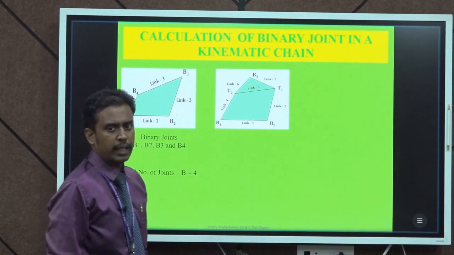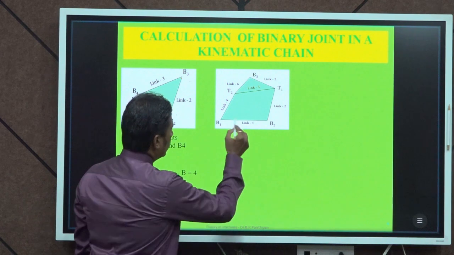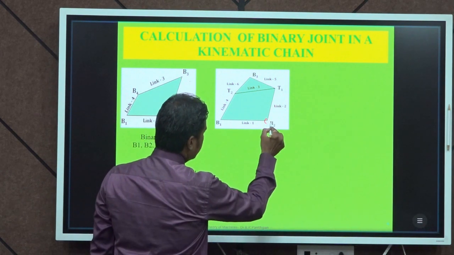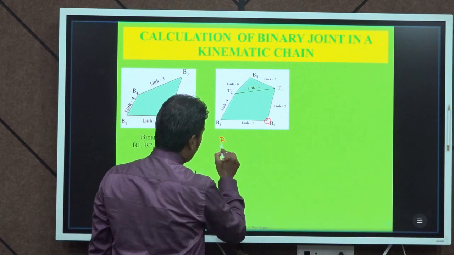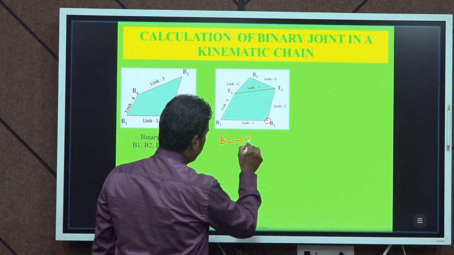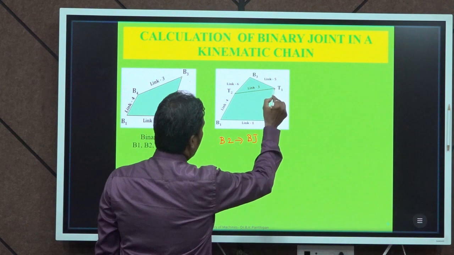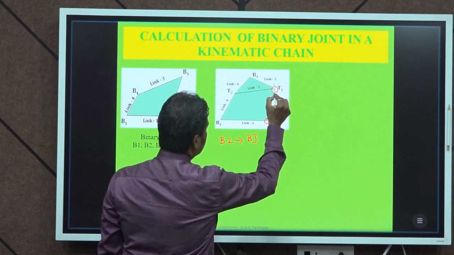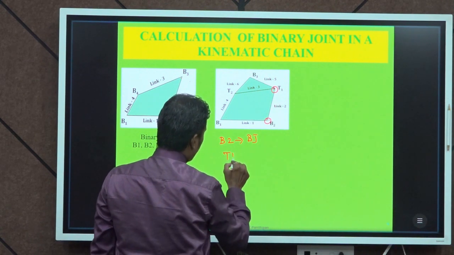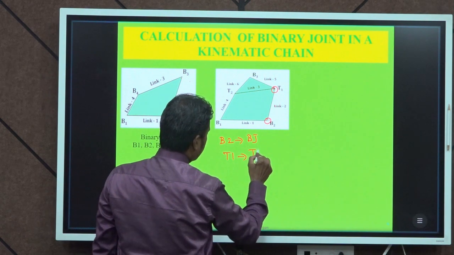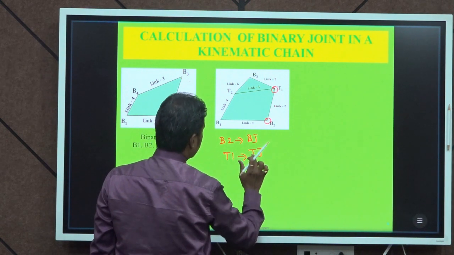Now, let us go for another example. Link 1 and link 2 are connected at this point, this is B2, which represents a binary joint. Link 2, link 5 and link 3 are connected at this point. So, this is T1. T1 is an example for ternary joint.